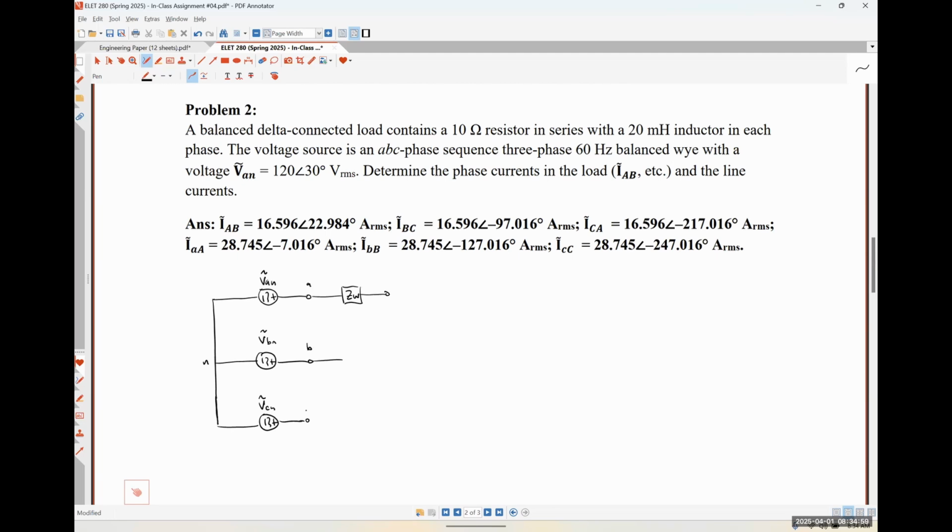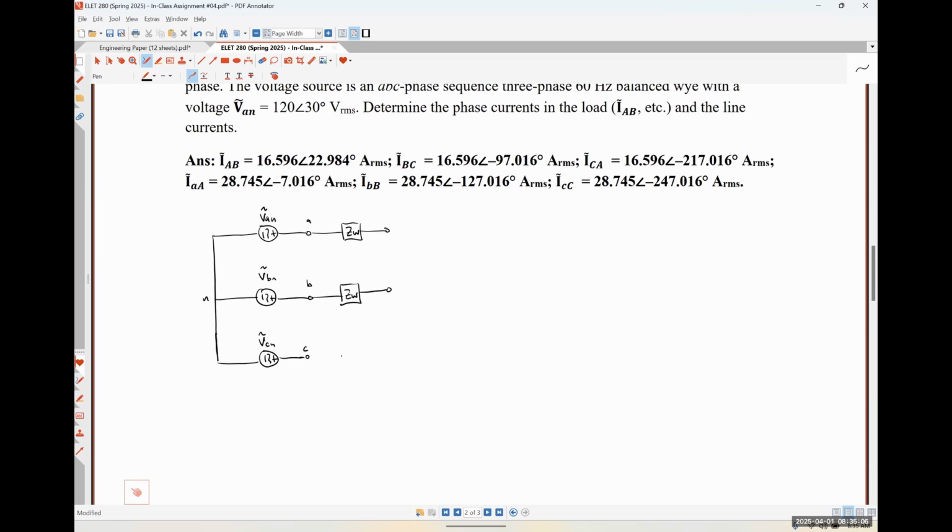For what it's worth, this wasn't actually mentioned in the problem statement, so we're going to assume that the impedance ZW here is just 0.